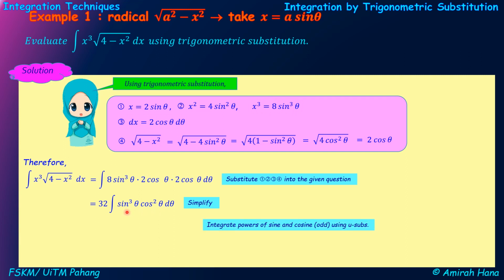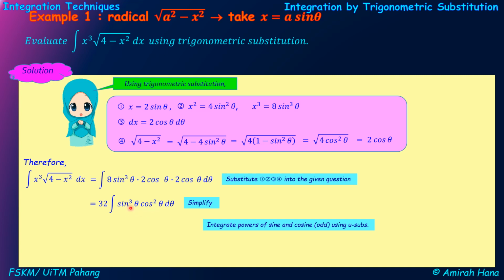And then we need to integrate. So from here, we need to integrate a trigonometric function. Okay? But when we compare with the appendix, there is no formula to integrate sine cubed theta, cos squared theta, d theta. So what should we do? Okay? We need to identify the powers of sine and cosine.